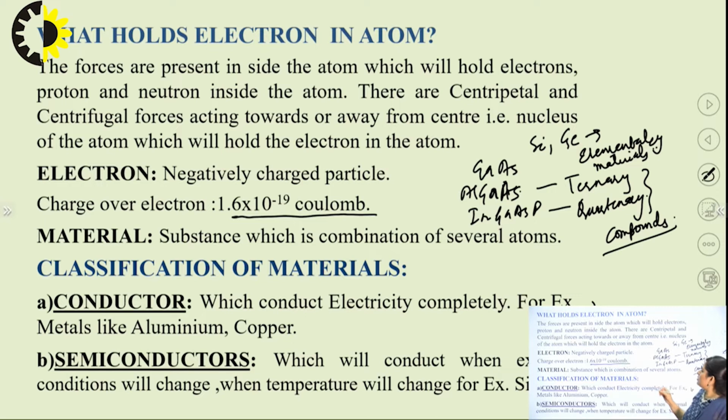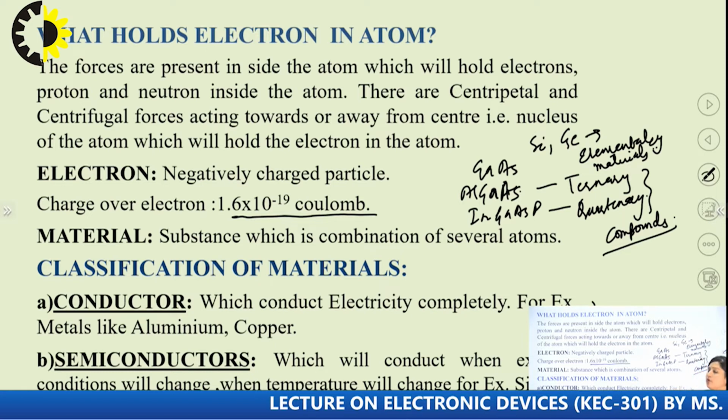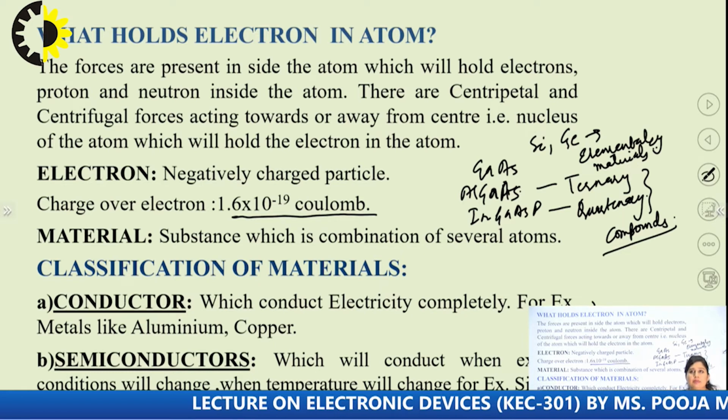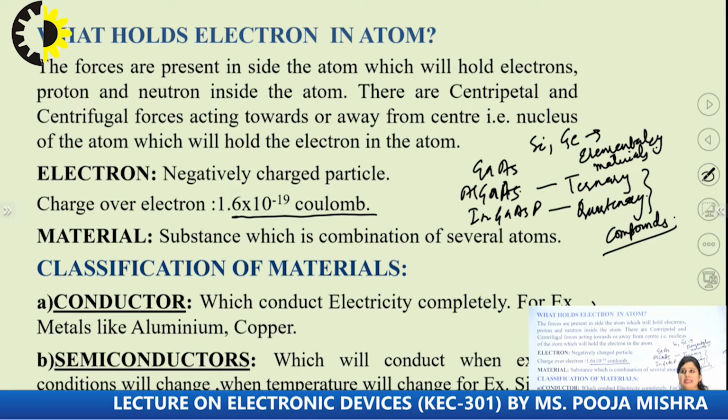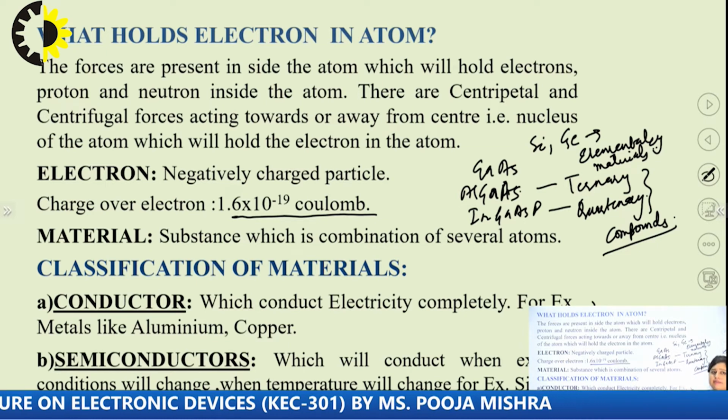What we are going to see here is how gallium arsenide, aluminum gallium arsenide, and indium gallium arsenide phosphide contribute in a particular arrangement of a particular crystal, or how we can form a particular semiconductor material. Either it can be an LED, a laser, or a detector, a PIN or avalanche photodiode.